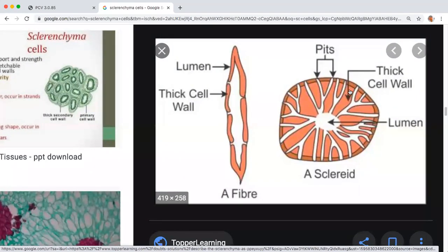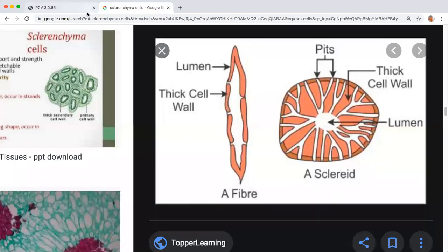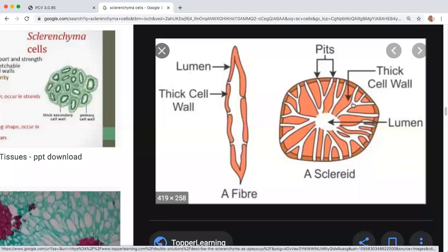Okay. This is how your sclerenchymatic fiber will look like. And this is what your scleroid will look like. Please copy this diagram. I'll explain. Try to draw such diagrams.